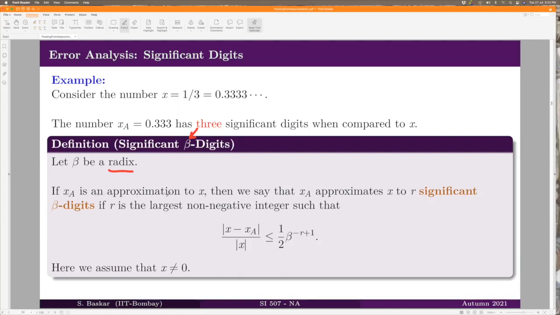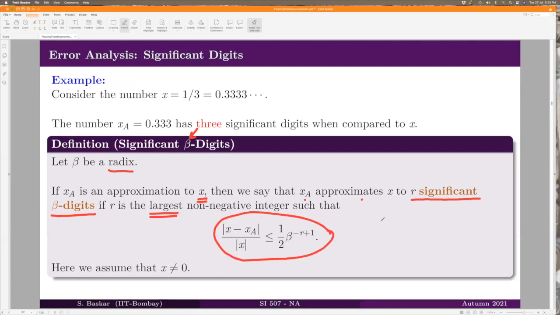If xa is an approximation to x, it can be in any way you have approximated. It can be just some number you considered, or it can be a floating point approximation using chopping or rounding or anything. Whatever way, you got an approximate value of your original number x. Then we say that the approximate value xa approximates x to r significant digits if r is the largest non-negative integer such that this inequality holds.